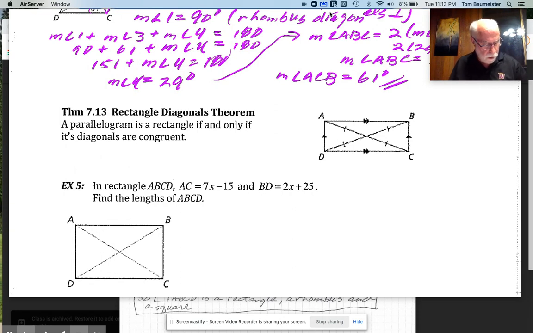So Theorem 7.13 is the rectangle diagonal theorem. A parallelogram is a rectangle if and only if its diagonals are congruent.